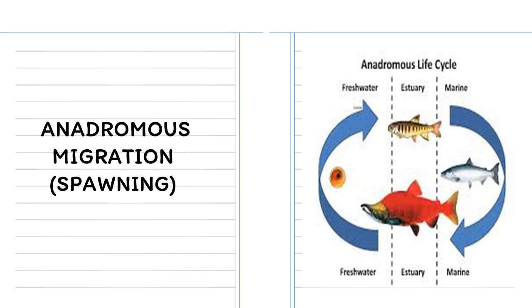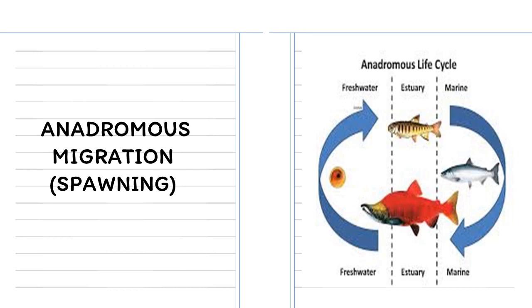Here, this type of organisms is said to undergo anadromous migration, which means moving from marine water to fresh water for breeding purpose to lay the eggs. That is known as spawning. After laying the eggs, these fishes die, right? Then the egg grows in the fresh water. Again, it will move towards the marine water. Understand?